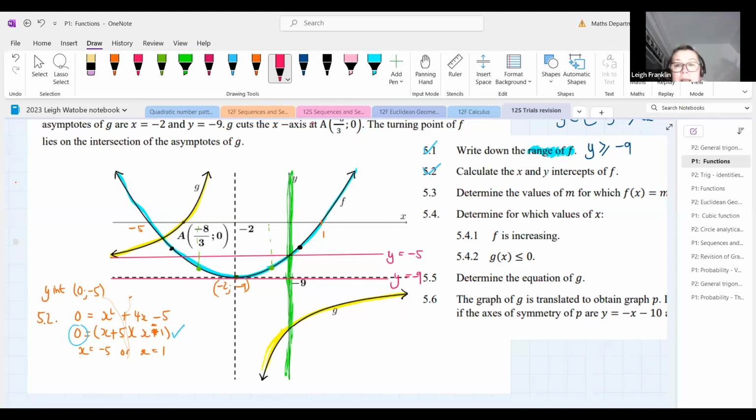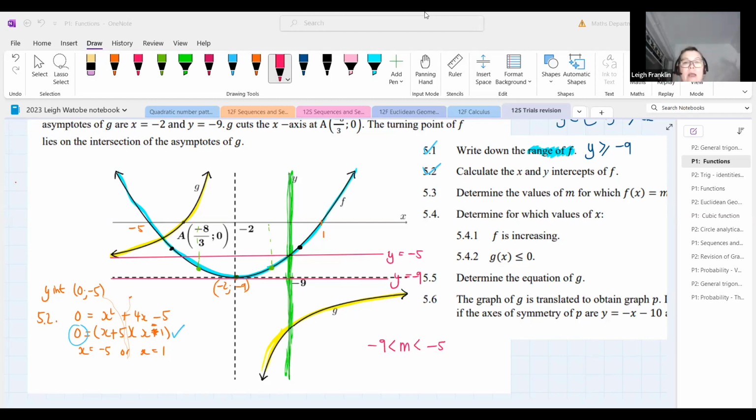So that means that the value of m has to be a number that is bigger than -9, but smaller than -5. Yes, essentially, Jude, because they're saying f of x equals m, y equals m. So that m value is a y value.